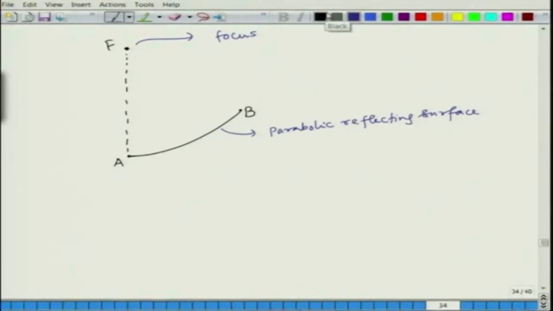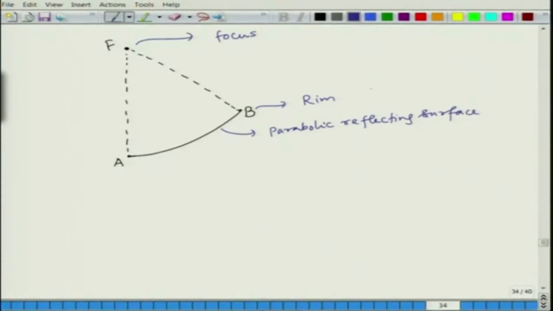Now, let us say that B is the end point of it, okay. So, this point B is called the rim. Rim means the furthest point from the center.